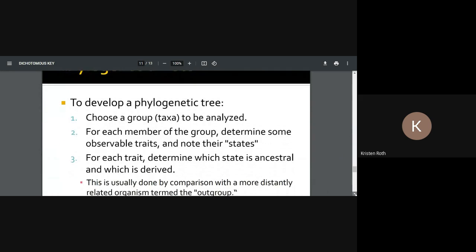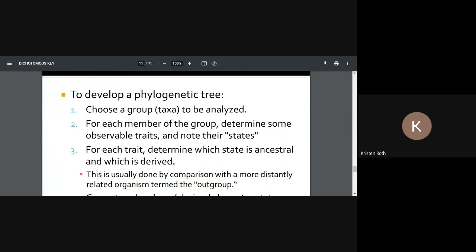Okay? So scientists, to develop a phylogenetic tree, they choose a group. Again, yesterday we talked about the term taxa. So a group to be analyzed, or taxa. For each member of the group, they determine some observable traits, and we note their states. Okay? For each trait, determine which state is ancestral and which is derived. Okay?